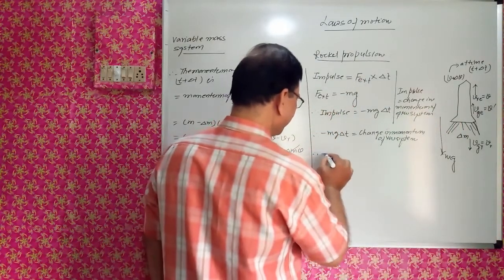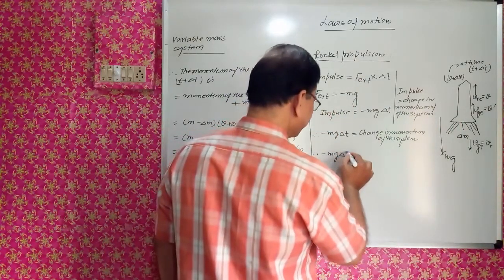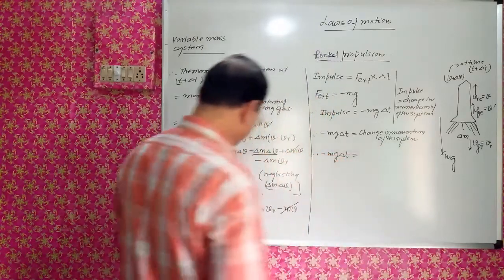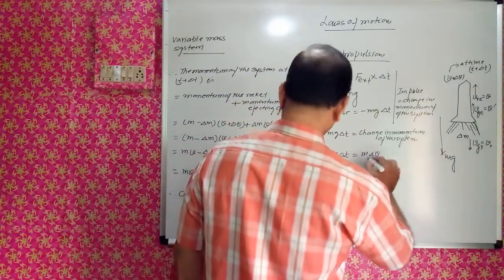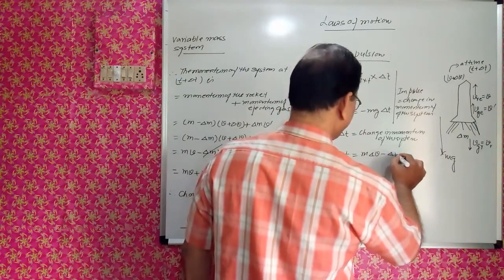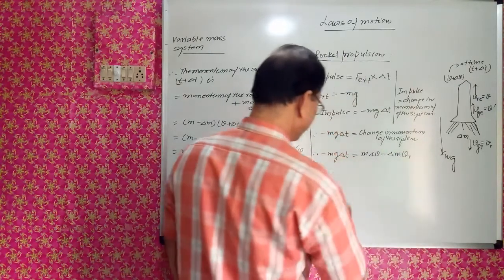So minus mg delta t is equal to the change in momentum, which we have got as m delta v minus delta m vr.